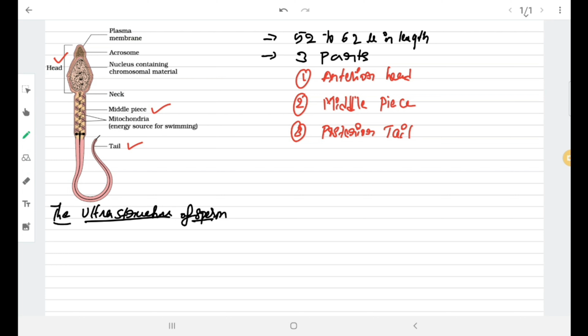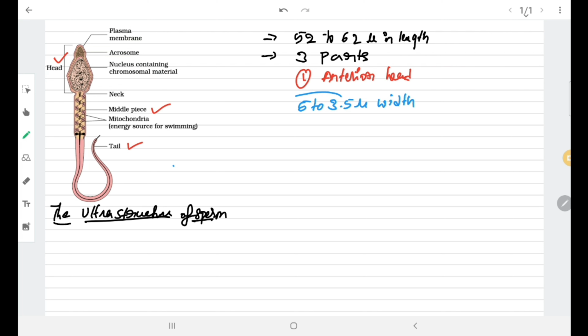The first one is the anterior head, which is of around 3.5 to 5 micron in width.